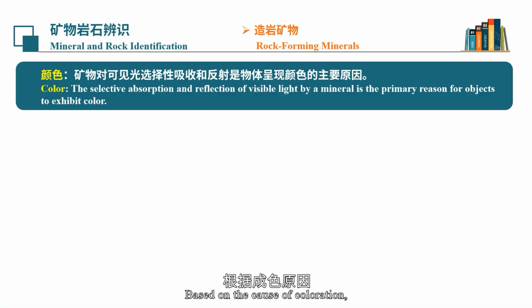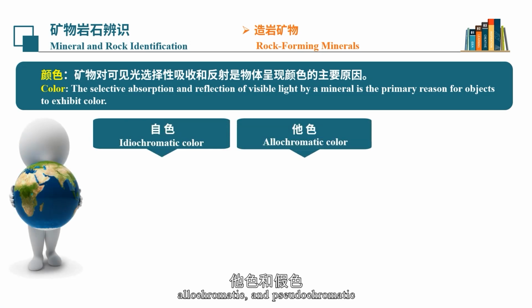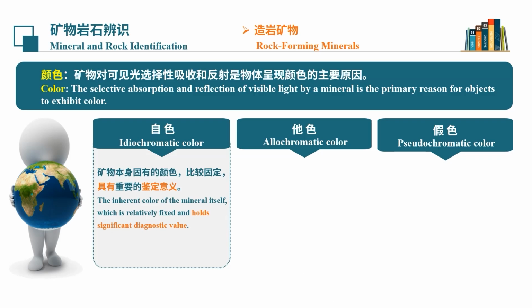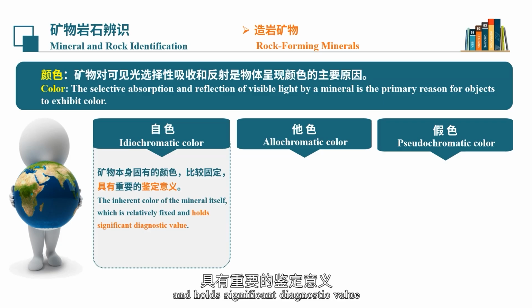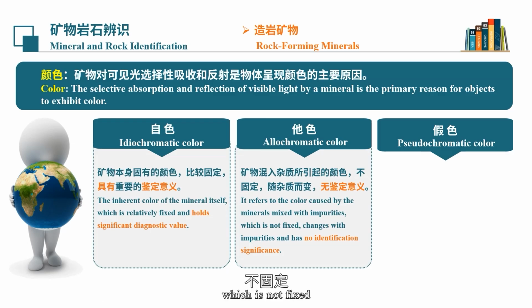Based on the cause of coloration, it is divided into idiochromatic, allochromatic, and pseudochromatic. Idiochromatic color is the inherent color of the mineral itself, which is relatively fixed and holds significant diagnostic value. Allochromatic color is caused by impurities mixed into the mineral, which is not fixed, and varies with the impurities. Hence, it has no diagnostic value.